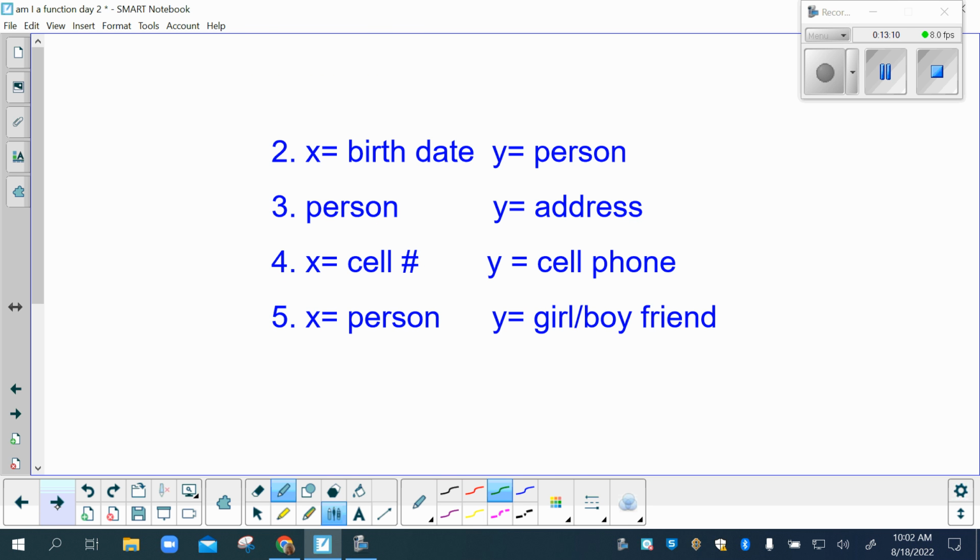I would like you to talk to your groups. We've done number 2, so let's try number 3, and you're going to talk about it. You take a person. Will you automatically get to one single address every single time?